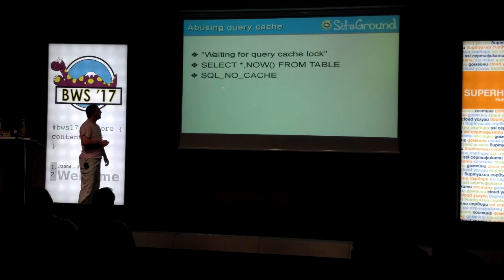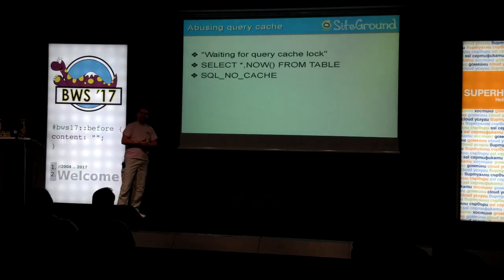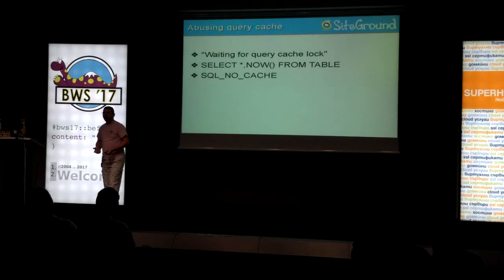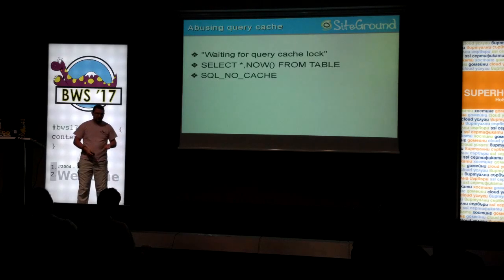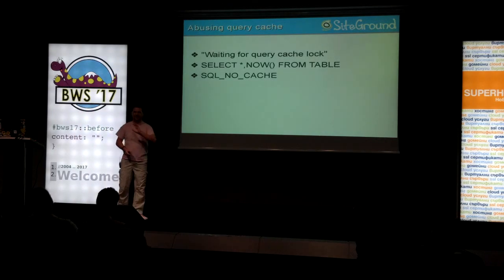And also you can put SQL_NO_CACHE in the beginning of your select. This means that your query will never go to the query cache. It will never ask for a lock. So it will be fast. It will stay fast because it's a small table. What I have seen is a table of 10 rows, nothing else.